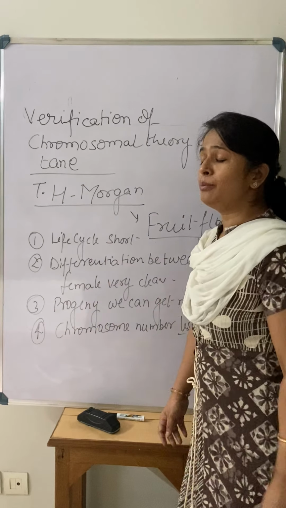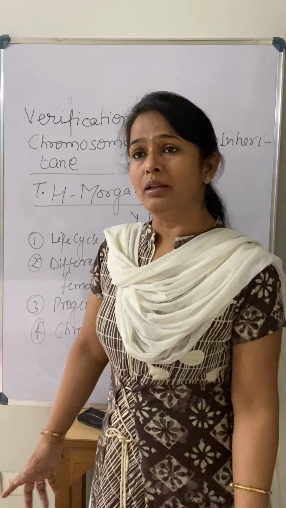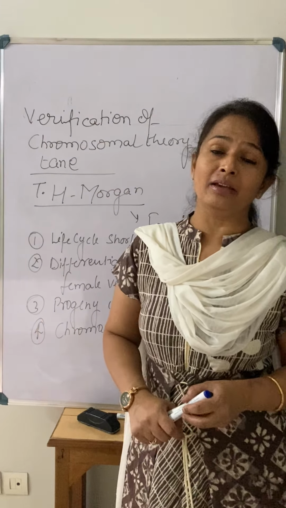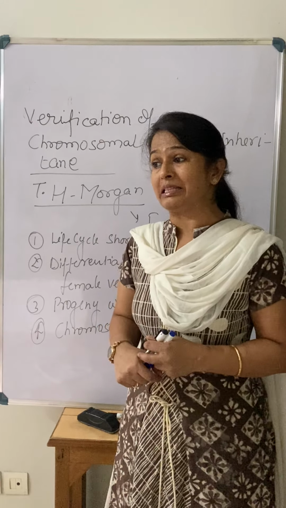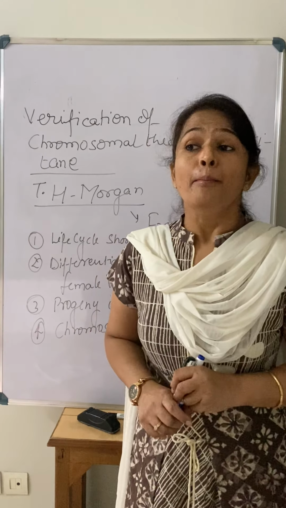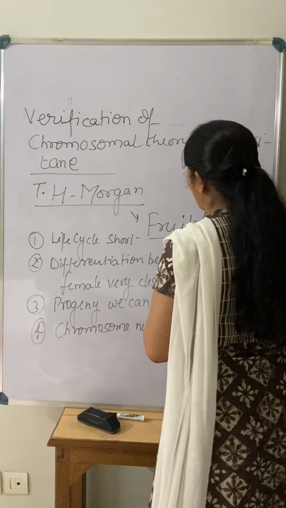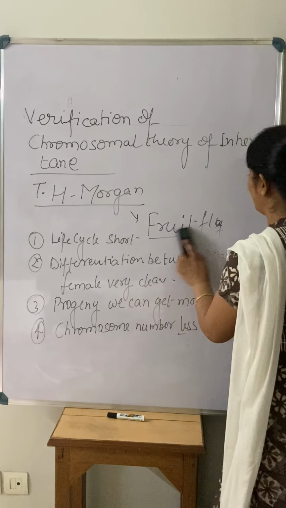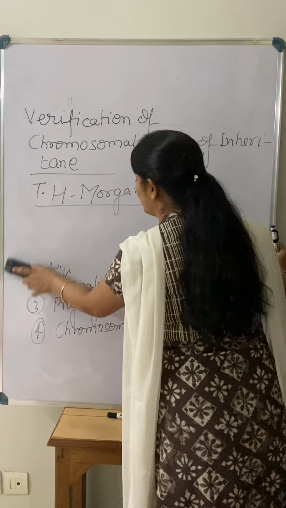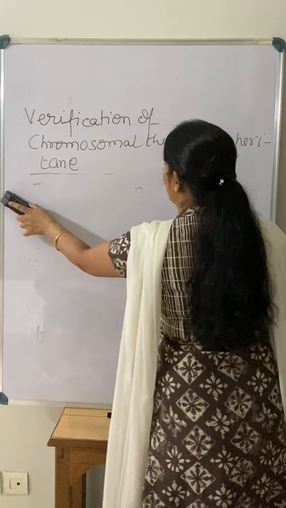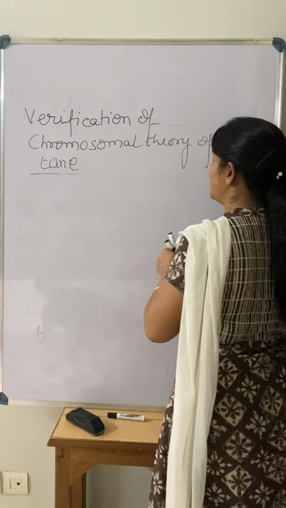What happened actually is that Mendel and Sutton and Boveri were saying that during gamete formation there is a segregation of the chromosomes, or you can say a segregation of the genes. But when we look at the DNA, as I told you, DNA has base pairs, and the base pairs are present over the DNA.